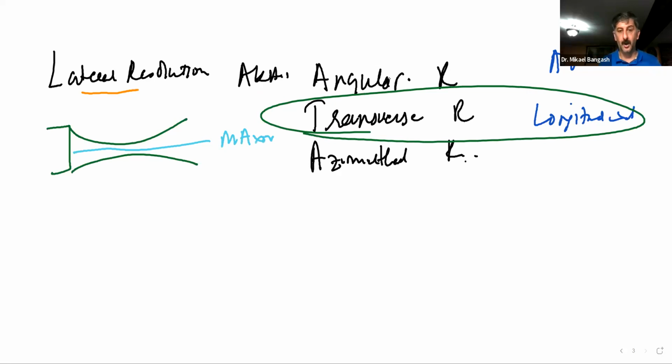For your longitudinal resolution or axial resolution, the structures were related to one another along the beam's main axis. That's what we call longitudinal.